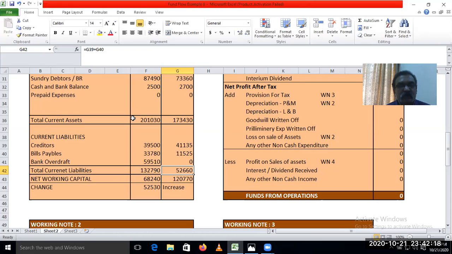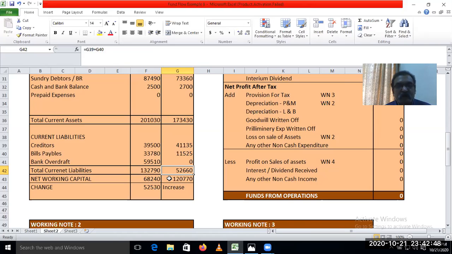Now net working capital, that is total current assets minus total current liabilities. So for the first year 2018, total current assets 2,01,030 minus total current liabilities 1,32,790. Net working capital is equal to 68,240. For the second year, that is 31st March 2019, total current assets 1,73,430 minus total current liabilities 52,660.